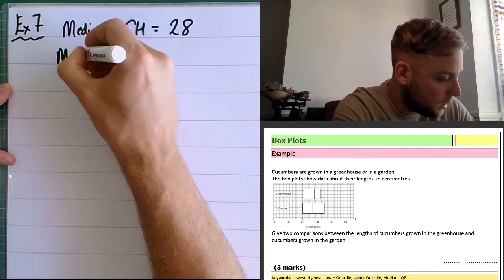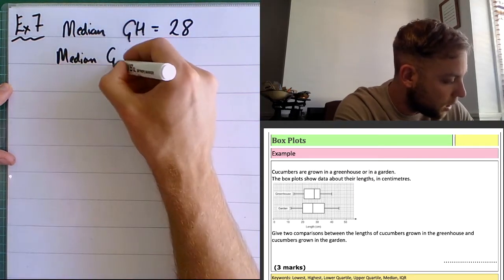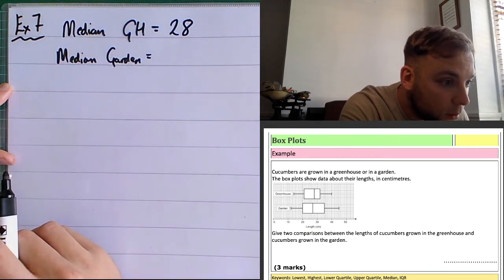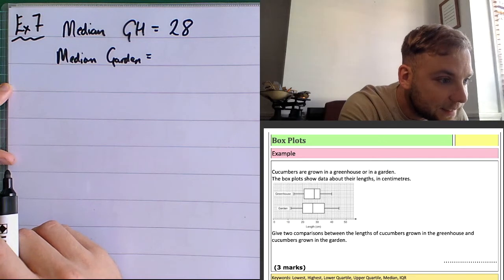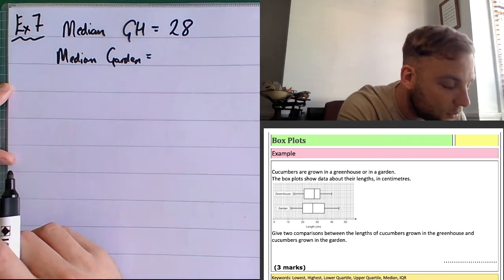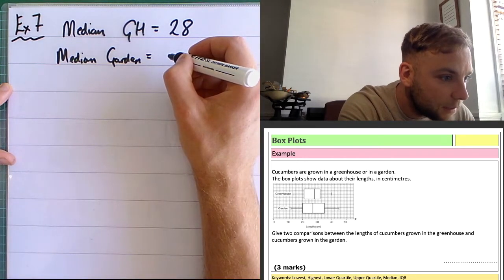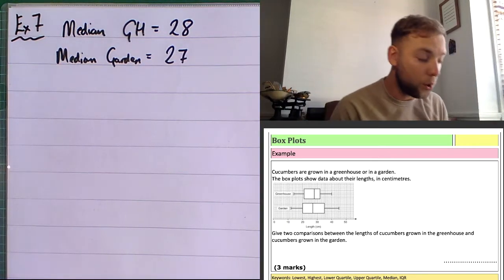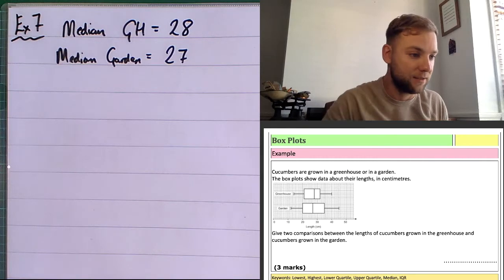The median in the garden is equal to 27, sorry. 27, yeah, that makes sense. So we've got the median in the greenhouse, we've got the median in the garden, we also need the interquartile range for this.